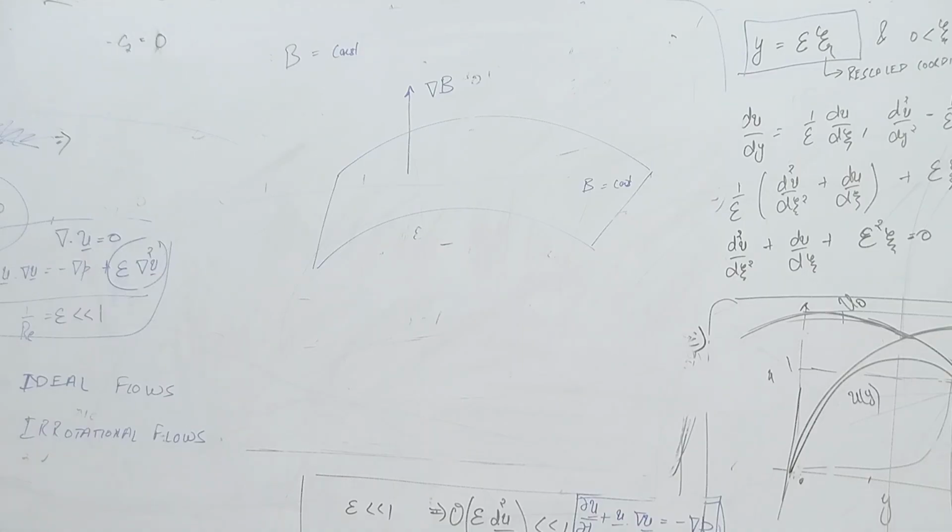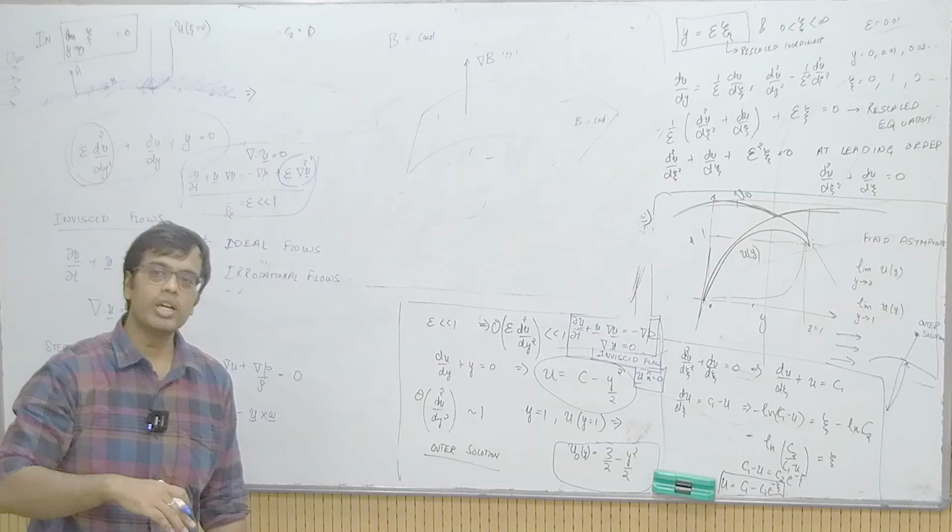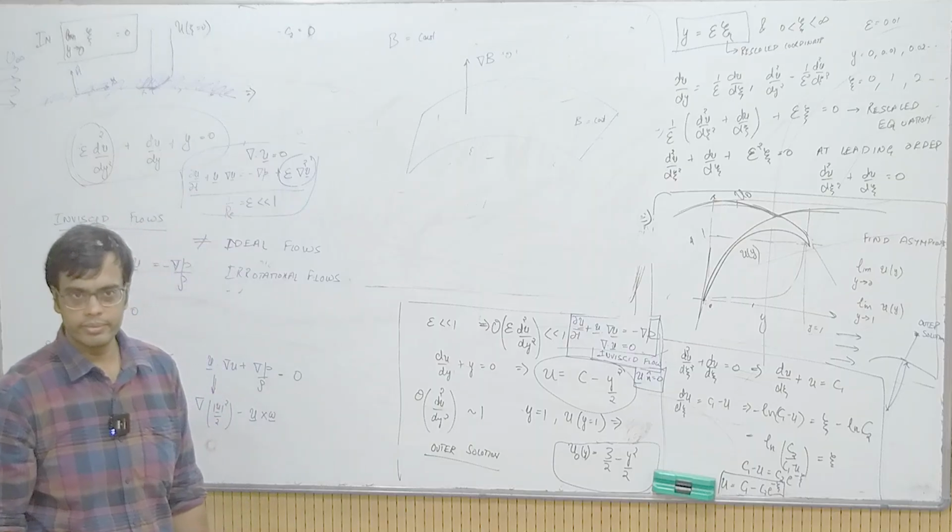Now u cross omega is a vector which is going to be perpendicular to both u and omega, right?